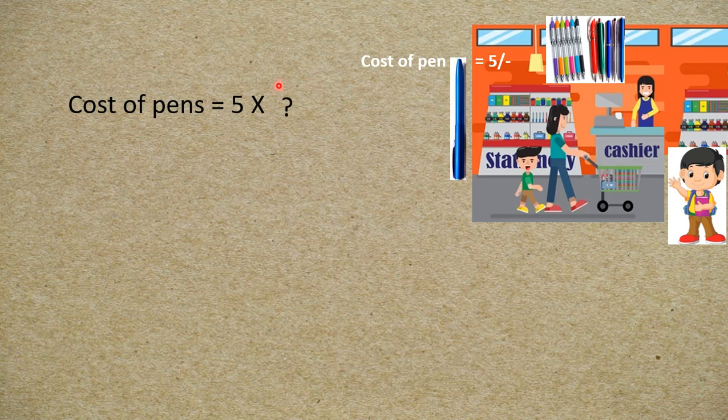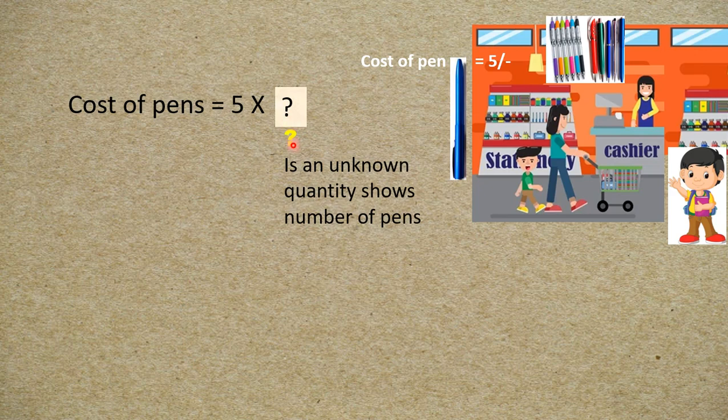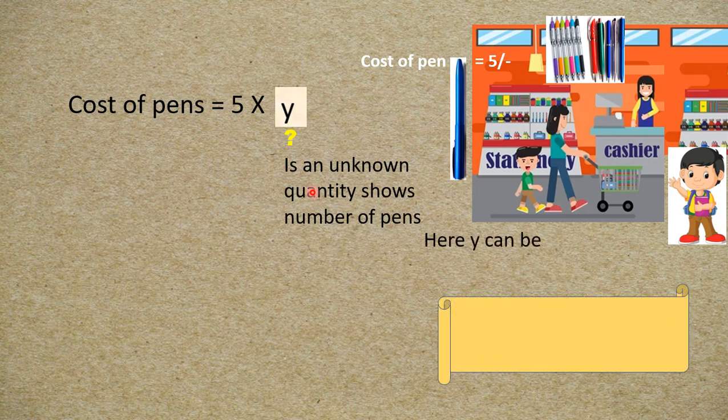So this number of pens we don't know. This question mark is again an unknown quantity. Here it shows the number of pens. So instead of this question mark, if we place y, it becomes 5 into y.